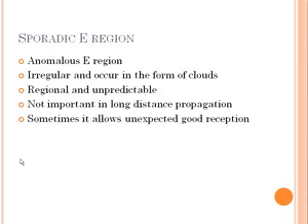The next one is sporadic E region. It is an anomalous E region, that it is an unpredictable, irregular, regional electron dense clouds happening in the height of around 90 to 140 kilometers.